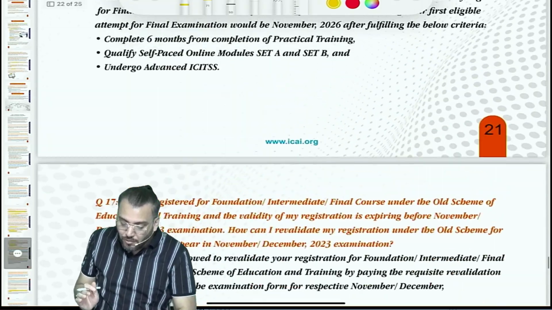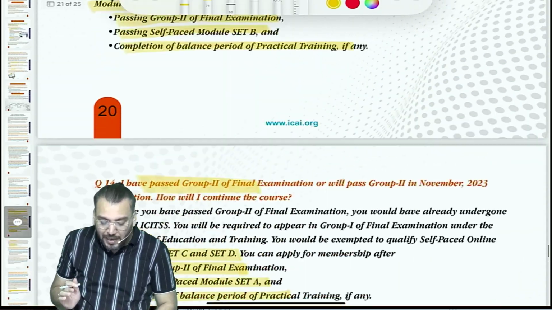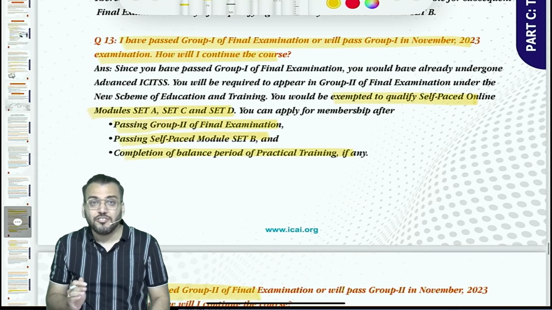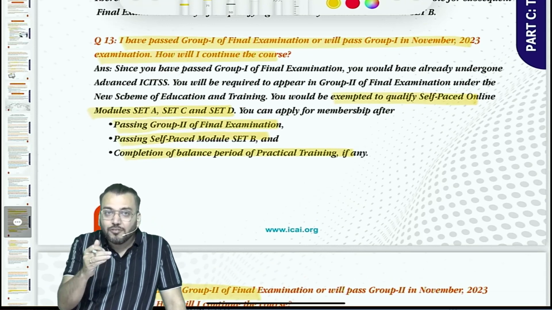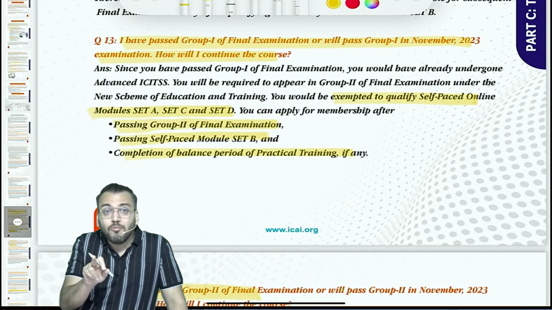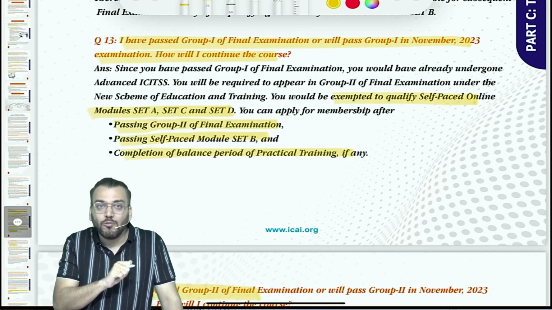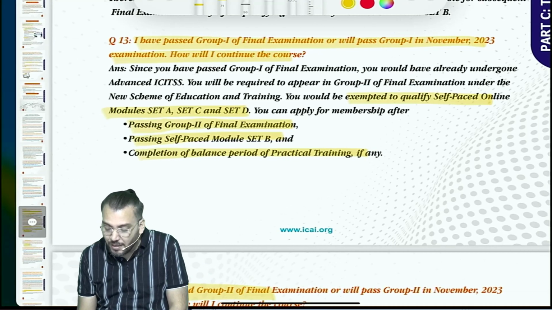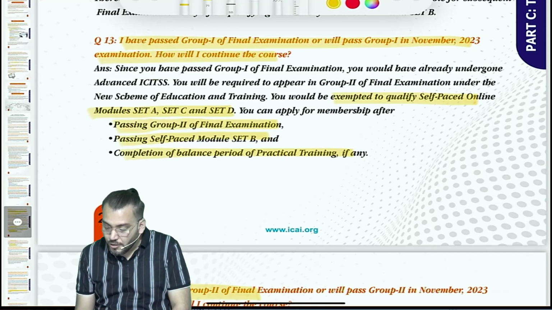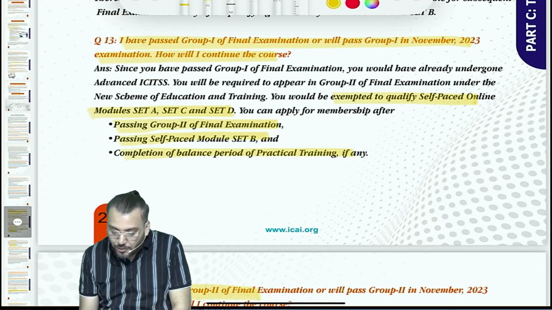Understood? Now one doubt will come about the examination. Suppose you pass group 1 under the old scheme, so what about group 2 under the new scheme? Since you have passed group 1 of the final examination under the old scheme, you would have already undergone the advanced ICITSS.